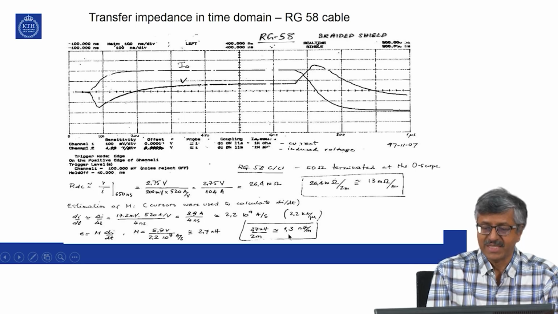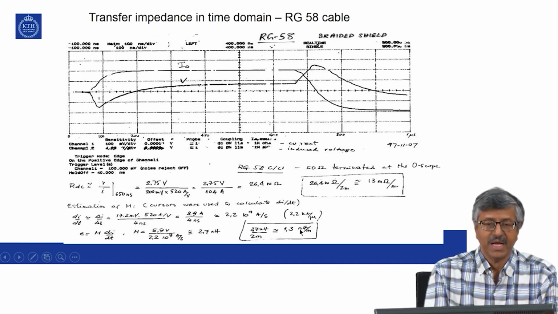This is the leakage inductance. So, we have found the DC resistance of the cable and the leakage inductance from this experiment.